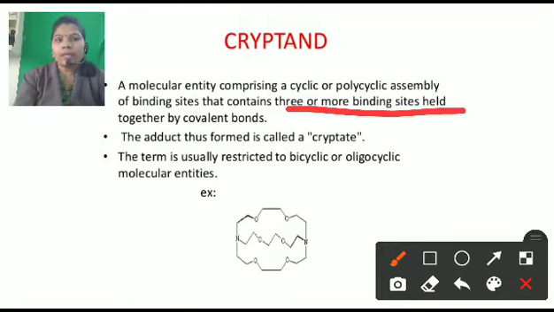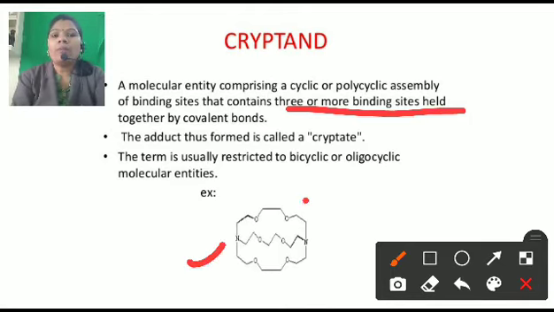But in the case of a cryptand, along with oxygen, the cyclic compound is also bound by another heteroatom, that is nitrogen. This cyclic compound is bound by oxygen and also nitrogen, and that's why it is called a cryptand.